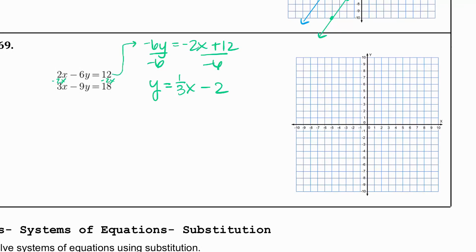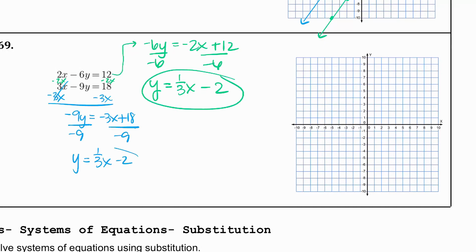Okay, the next one, if we do the same thing, minus 3x, minus 3x, we have negative 9y equals negative 3x plus 18. Divide both sides by negative 9, and we end up with y equals, again, positive 1/3 x minus 2. So notice these equations are exactly the same.